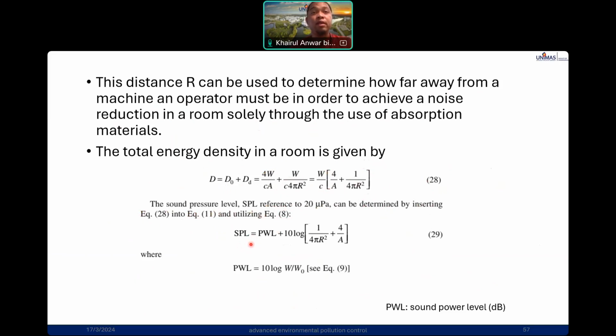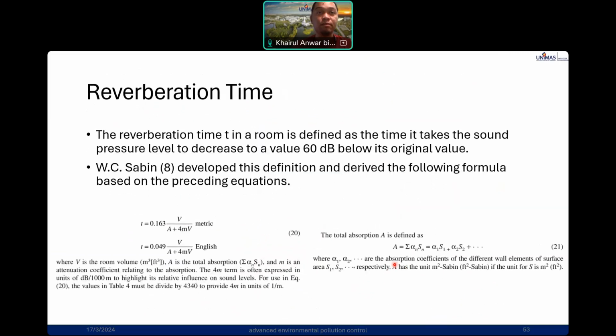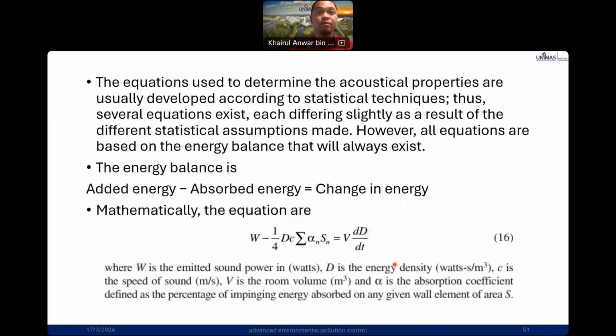So you get SPL equal to PWL, the sound power level in dB, plus 10 log of 1 over 4 pi R squared plus 4 over A, where PWL is 10 log W over W naught. W is the emitted sound power.